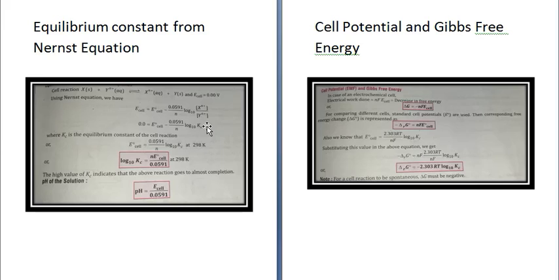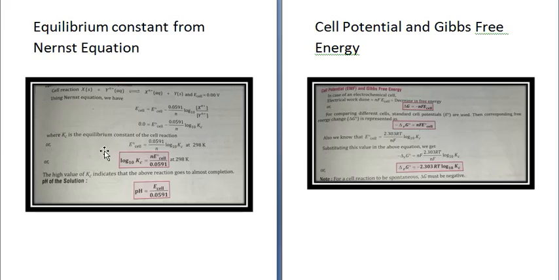So E cell, which is given as 0, is equal to E0 cell minus 0.0591 upon n log to the base 10 Kc, where Kc is the equilibrium constant of the reaction. You know that concentration of product upon concentration of reactant is the equilibrium constant.